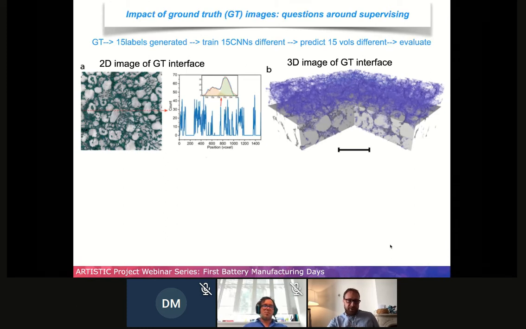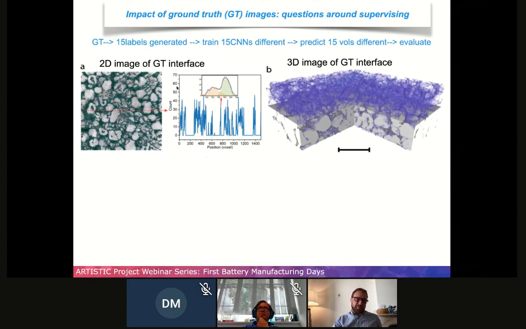So what we try to estimate here is very simple: if we use different ground truths, what is the impact on the final result? So we start with the reference ground truth. We generate 15 labels, and we train 15 CNNs with the 15 labels.